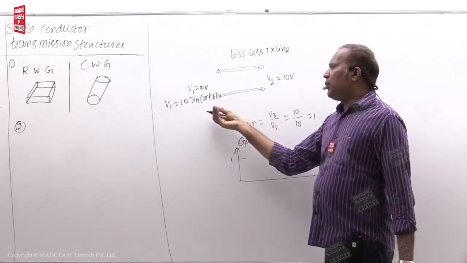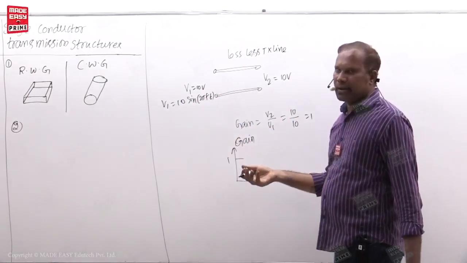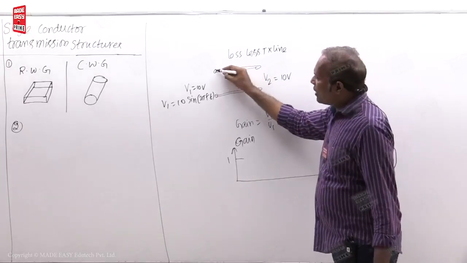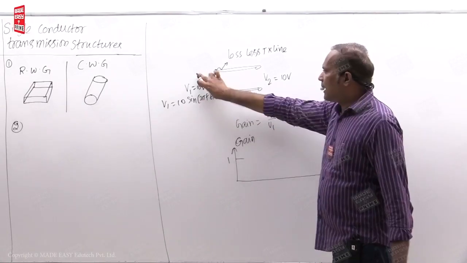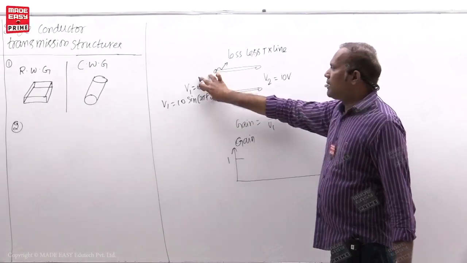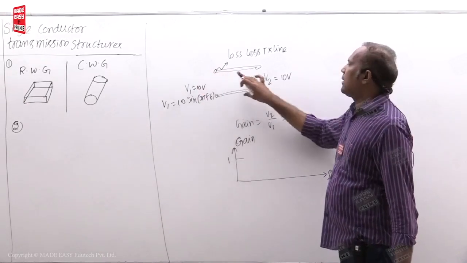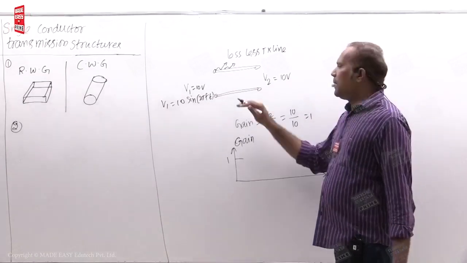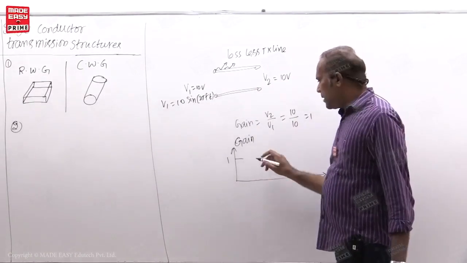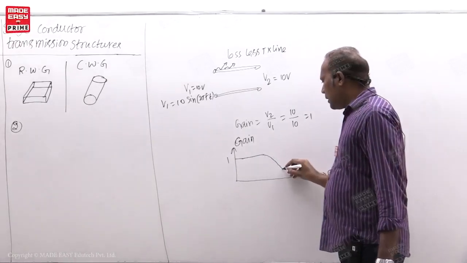But if the input frequency is very, very high, more than hundreds of megahertz, then the EM wave starts radiating. The total signal cannot be received at the output because radiation is there. That means output voltage reduces, that means gain reduces. After some frequency, gain starts reducing.